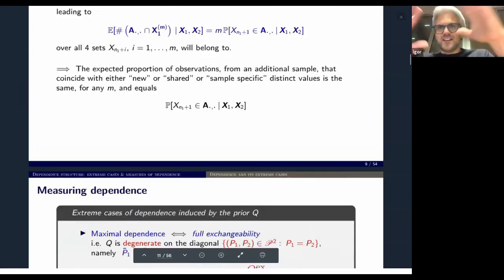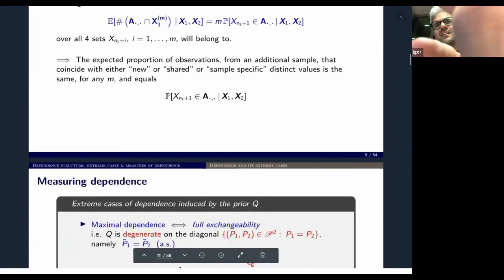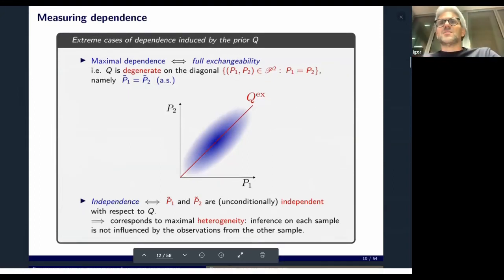Good, but then again, still very in general, I'm not yet at the point where I want to construct models. I want to understand what my dependence structure is. The first thing I want to do when I want to understand the dependence structure is the extreme cases.